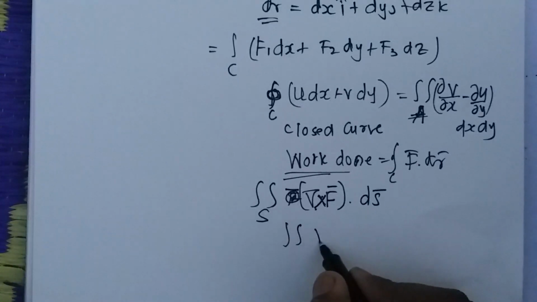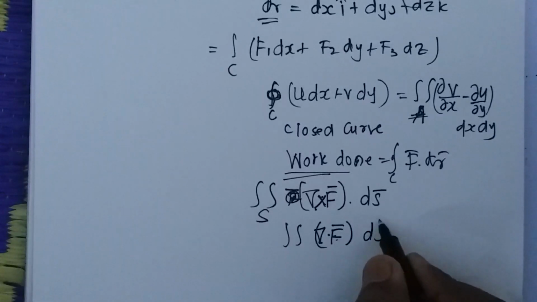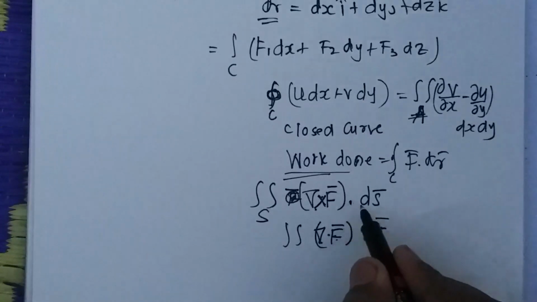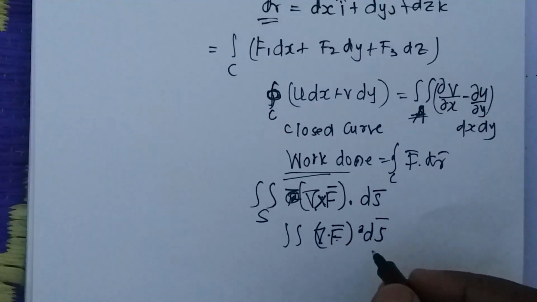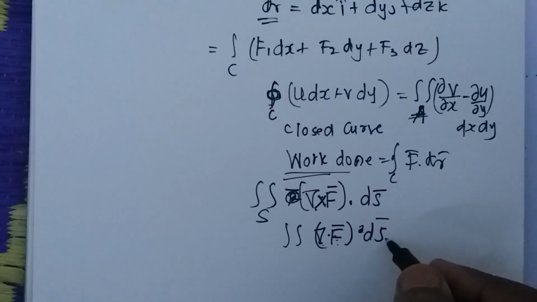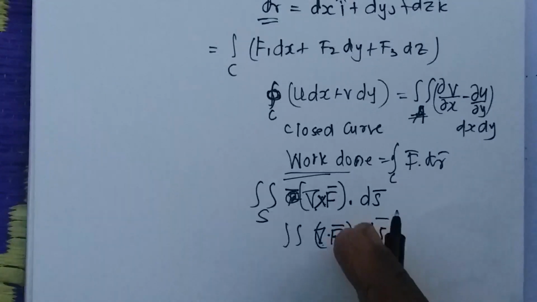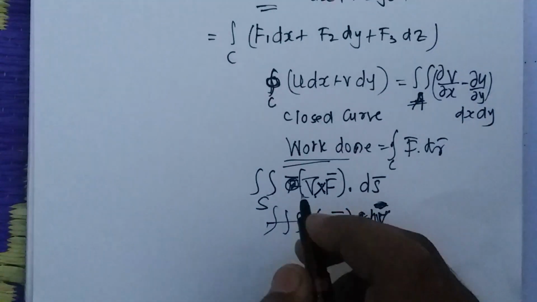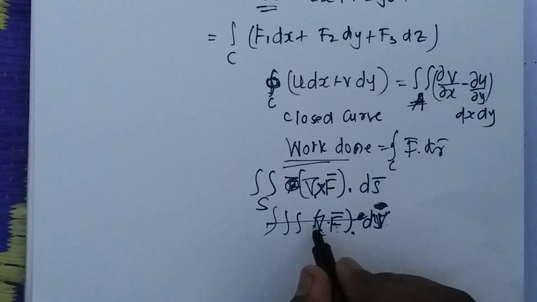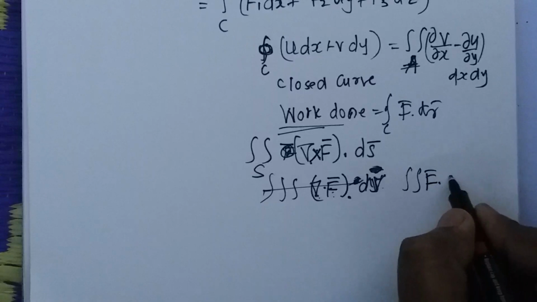And in divergence theorem, we are going to calculate the surface integral of F bar dot dS bar, where in Stokes theorem we have a dot with the curl, while in divergence theorem we have the double integral of F bar dot dS bar.